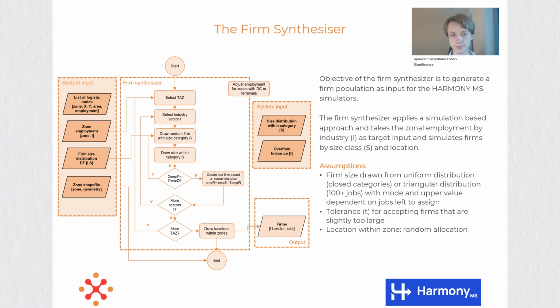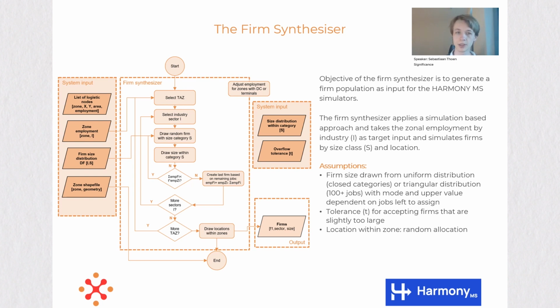And these individual firms are then used in later modules of the Harmony MS, such as the tactical freight simulator. What's nice about having individual firms is that you can also model decisions later on at the level of individual firms, so that gives some more realism to the modeling.